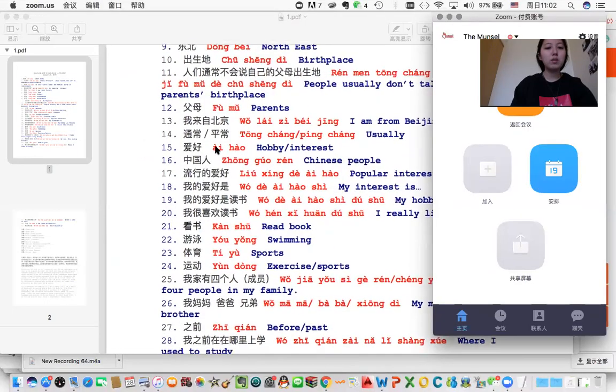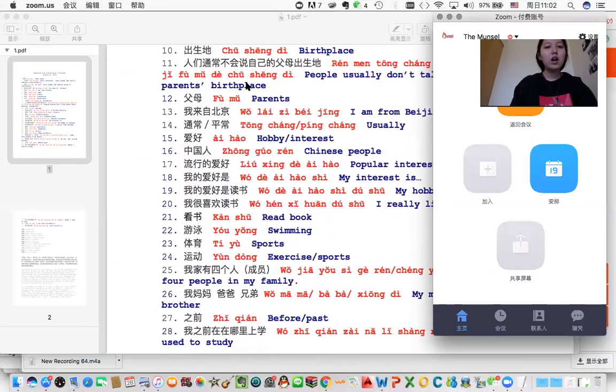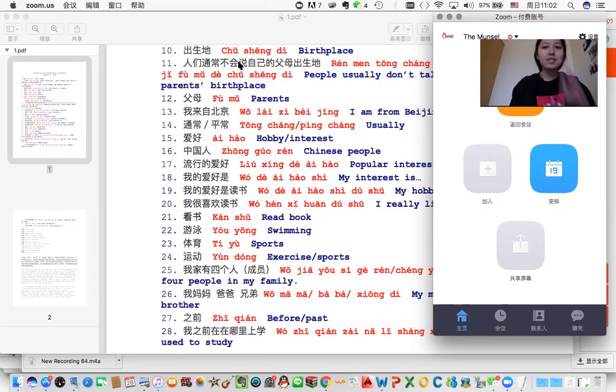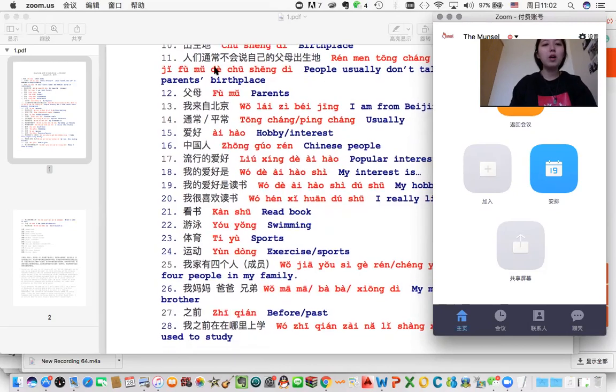11. 人们通常不会说自己父母的出生地. So you all know that 人们 is people, and 通常 is usually, which is very common.